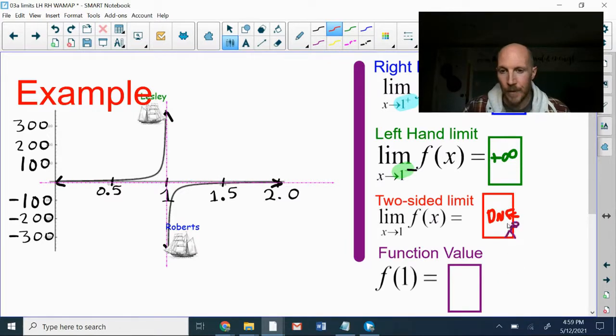Lastly, function value at 1. If we put a graph walker on our graph and try to have the graph walker stand on the graph at 1, it can't. There's nowhere to stand. The graph does not exist. This is an asymptote. If you're on this branch of the graph, you could get pretty close to 1, but you never actually arrive at 1.